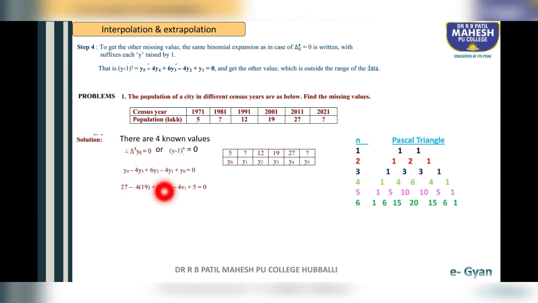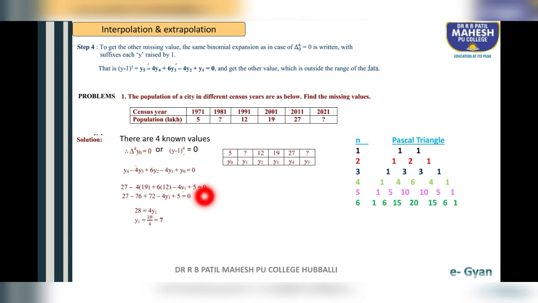Here y4 is 27, write 27. 4 into y3; y3 is 19, write 19 here, plus 6 y2; y2 is 12, substitute 12, minus 4 into y1, y1 you have to find as it is, plus y0, which is 5. Solve this: 27 minus 19 fours are 76, plus 6 into 12 is 72, minus 4y1 as it is, plus 5 is equal to 0.